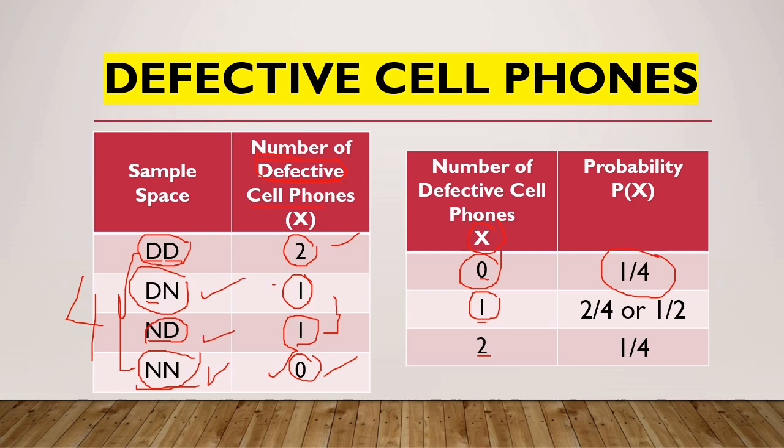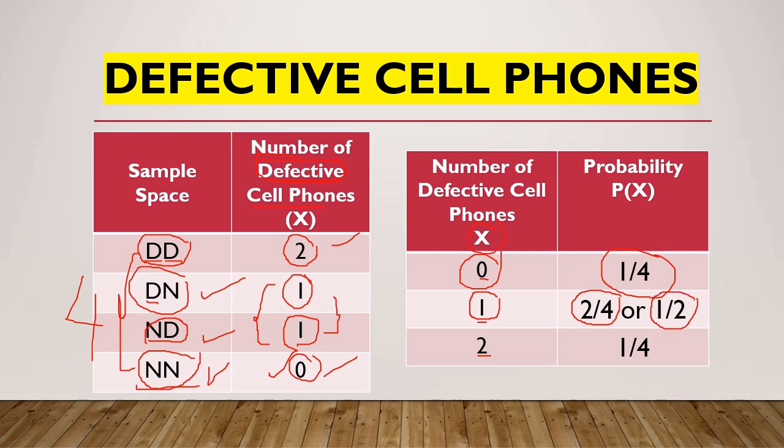So we have here two possible outcomes that have 1 defective cell phone. So that's why the value is 2 out of 4. And the probability can be expressed in simplest form because it is still a fraction. So 2/4 or 1/2.